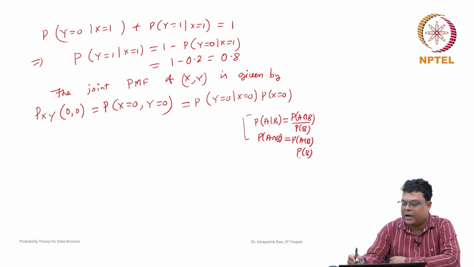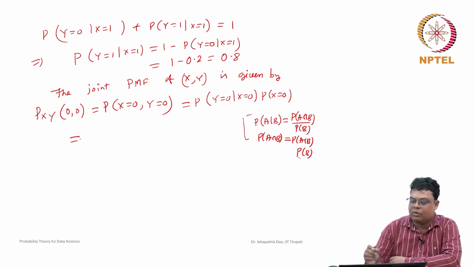If you forget, that is why I am mentioning it, though we have already mentioned it several times: the probability of A intersection B can be represented as the probability of A given B into the probability of B. Now, these probabilities are known to us.